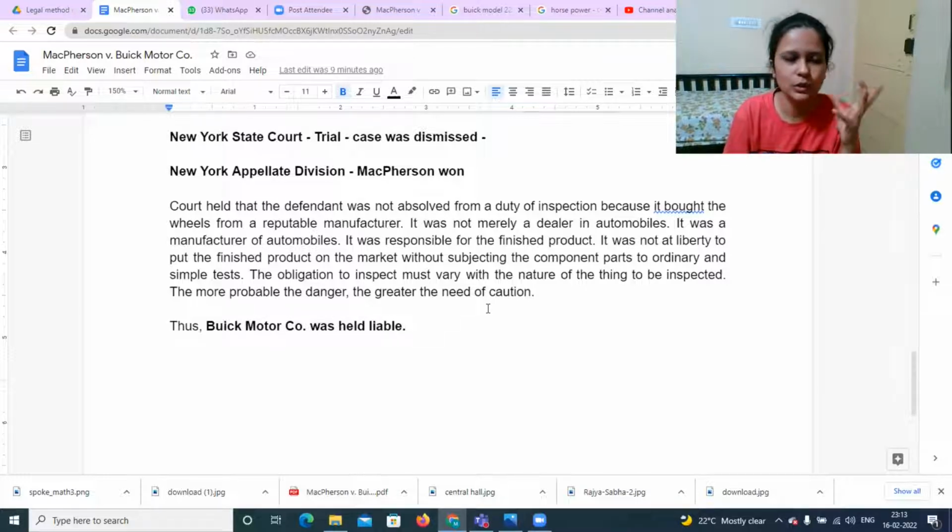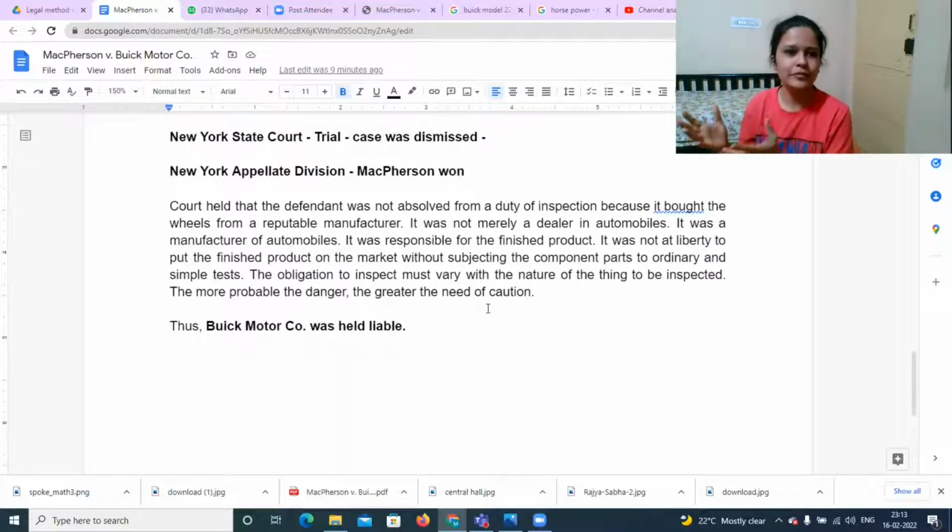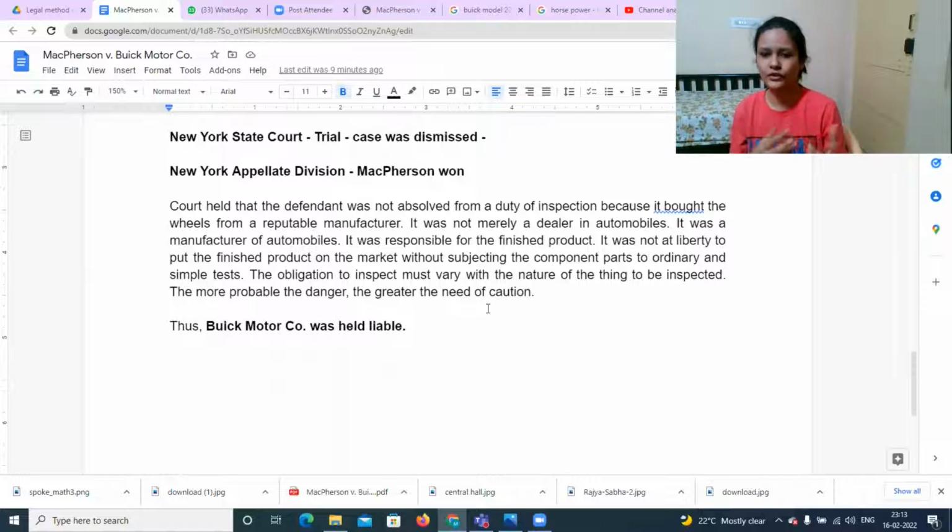So when you know that it's a vehicle or some kind of item where the risk is higher when you are using it, as compared to maybe a nail paint, obviously for a vehicle the risk is higher. So the higher the danger, the higher the exposure, there is more need to ensure that it is safe for the customers, because you are the manufacturer, you are giving the end product.